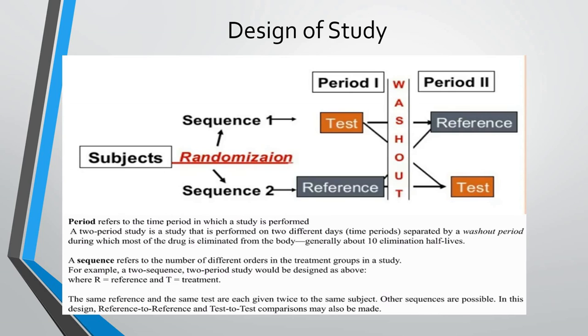So if you say test and reference, sequence 1 is going to get test, and then there will be washout and then reference. Sequence 2 is going to get first the reference, then washout, then the test. So we make a crossover, like a two-period, two-treatment crossover design.